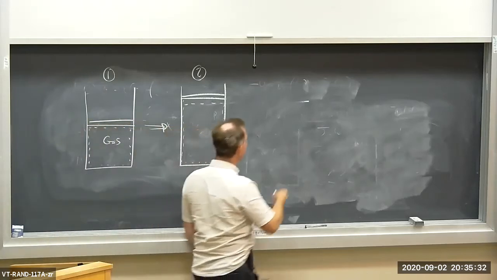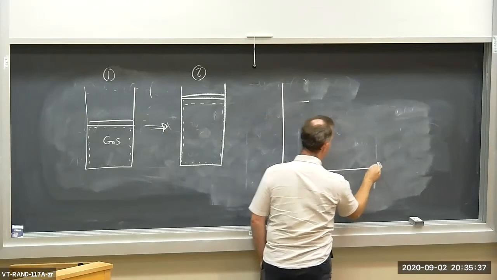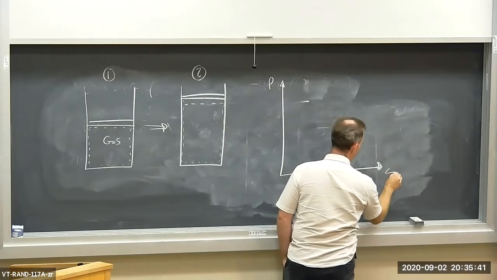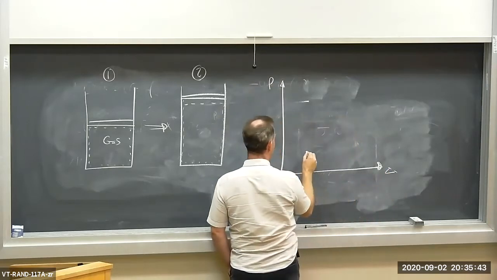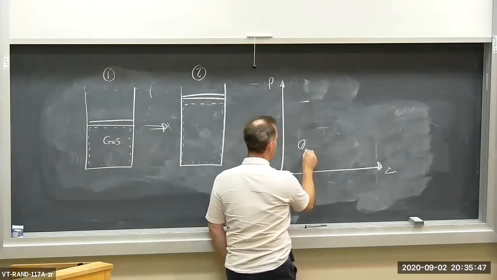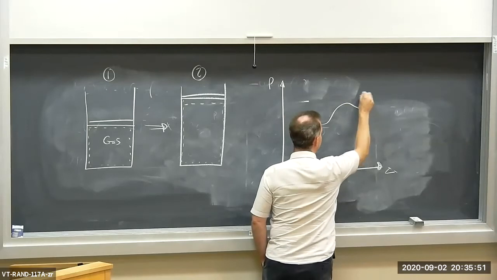Now, if I sketch the process on a pressure volume diagram, it might look something like this. Maybe this is state one here, and then I go over some path, and I end up at state two.